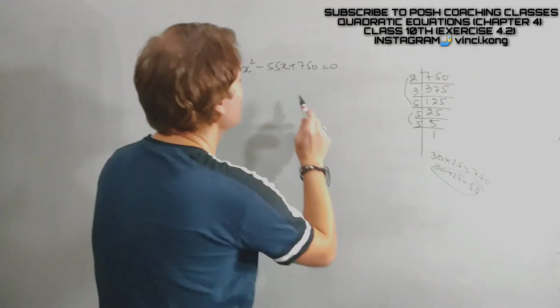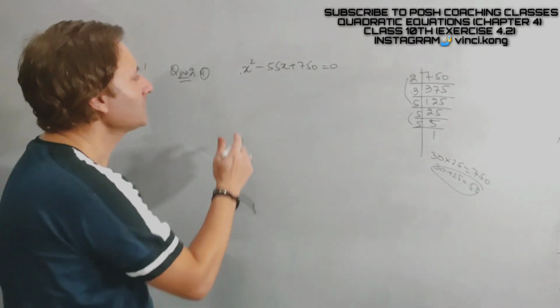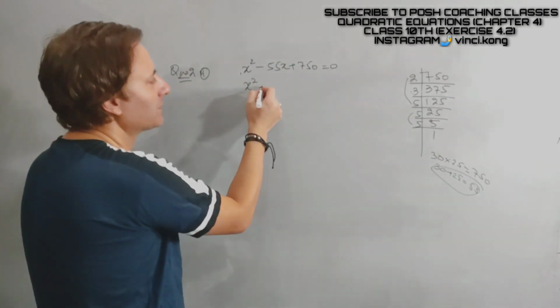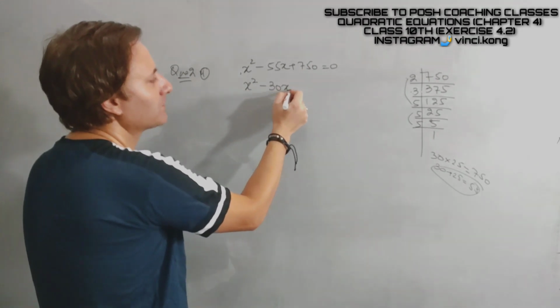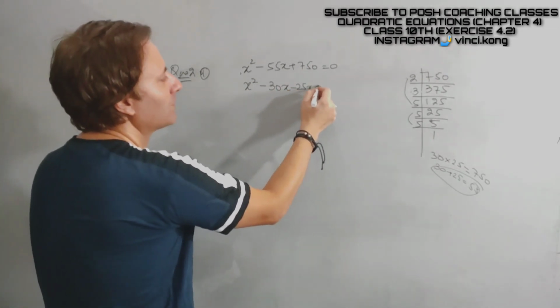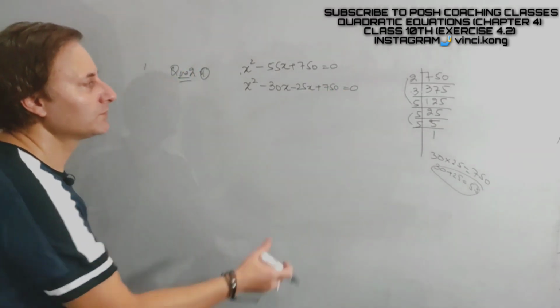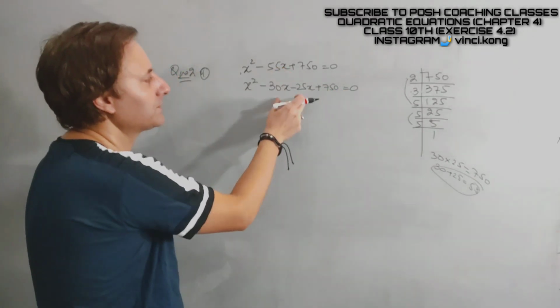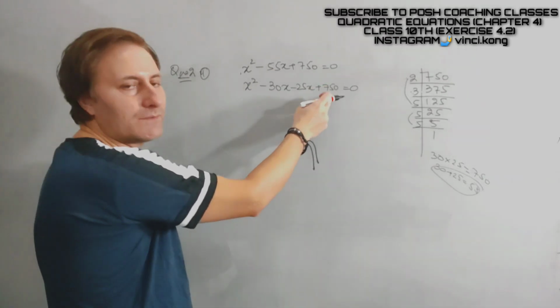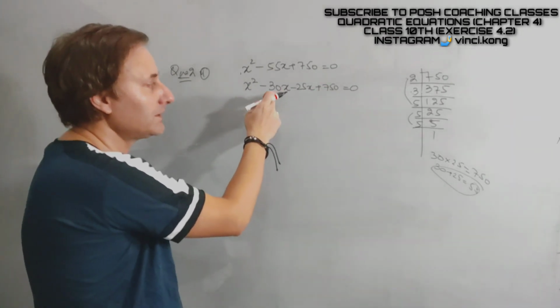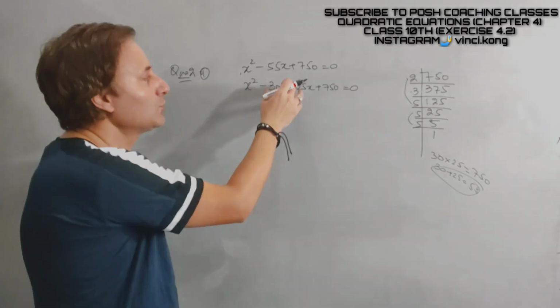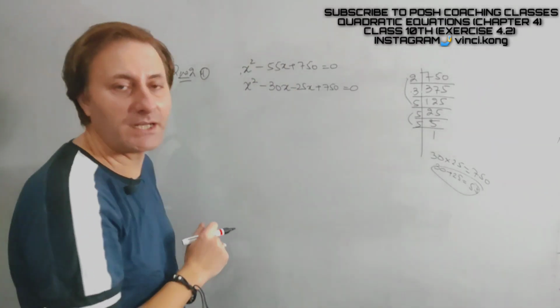Wow, so this is what is required. I'll write x squared minus 30x minus 25x plus 750 equals 0. As you know, this has been split. 30 multiplied by 25 is 750, and 30 and 25 are both negative, so if we add them, obviously we'll get 55.